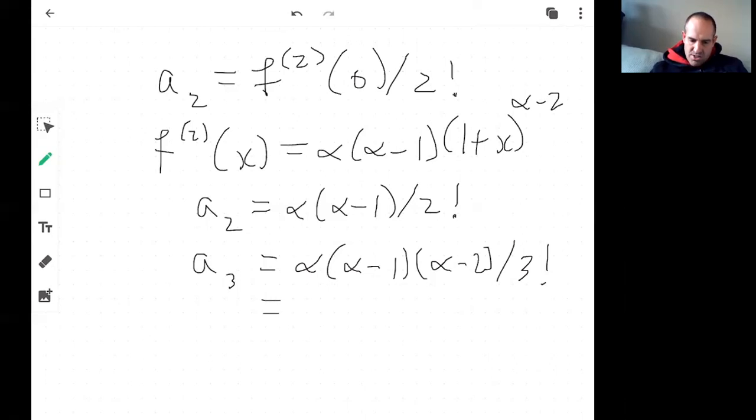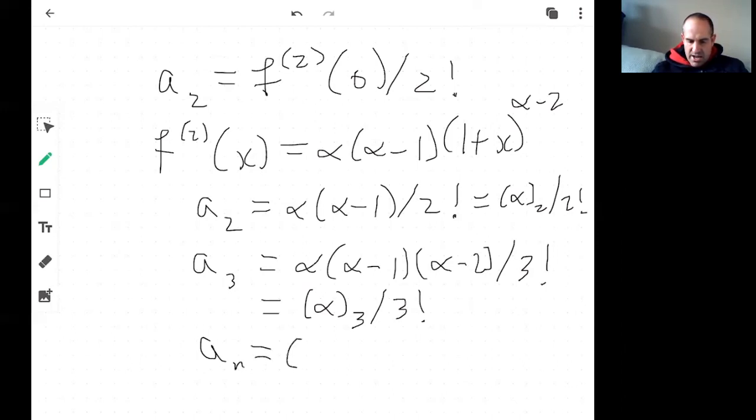Incidentally, we call this alpha sub 3 divided by 3 factorial, and that alpha sub 3 is the Pochhammer symbol. That just means that you start at alpha and you decrease by 1 each time, and you have a total of 3 factors in the product. Like a2 up here, that's just alpha sub 2 divided by 2 factorial, if you will.